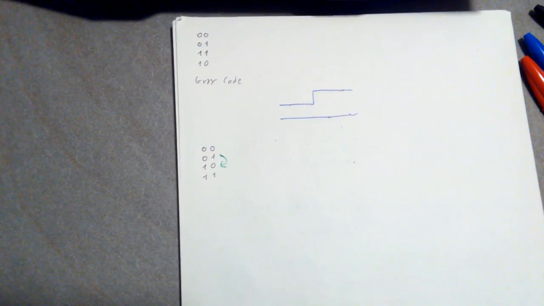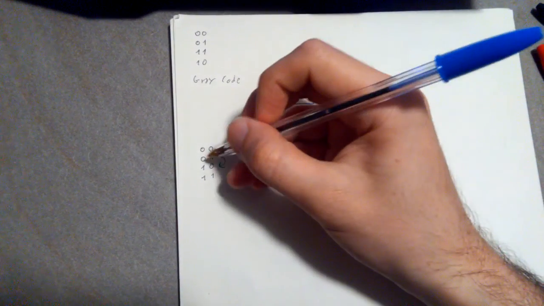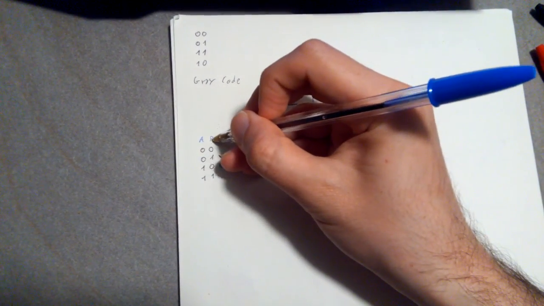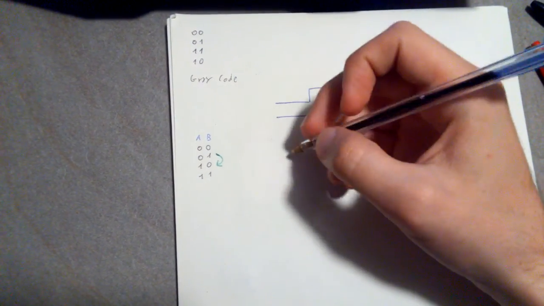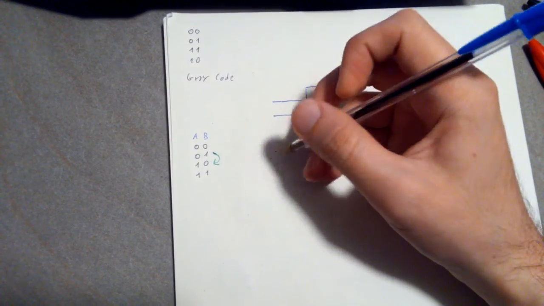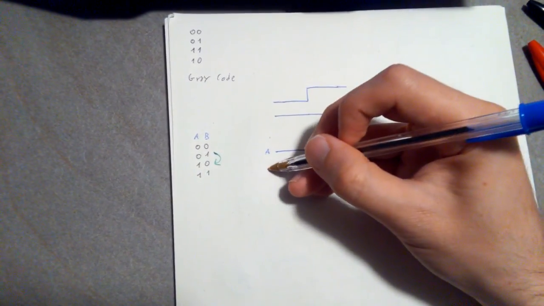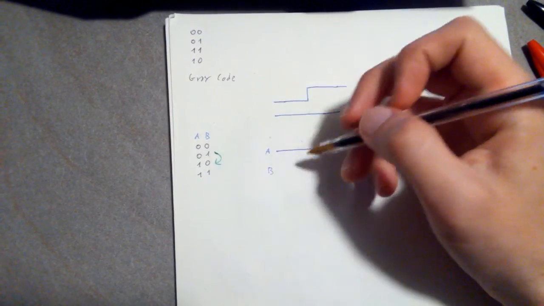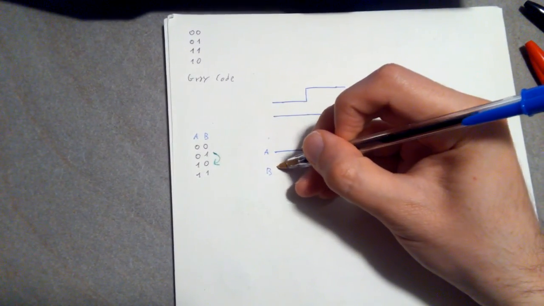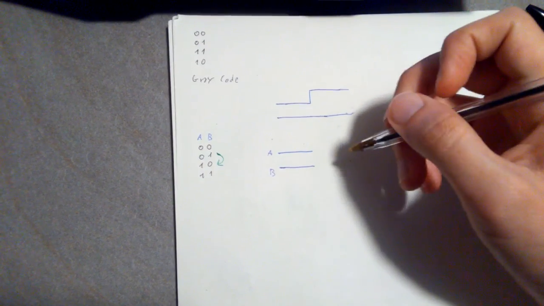Let's suppose that we call this A and this B. If I wrote that, I have A, which is a 0, and B, which is currently sitting at 1.